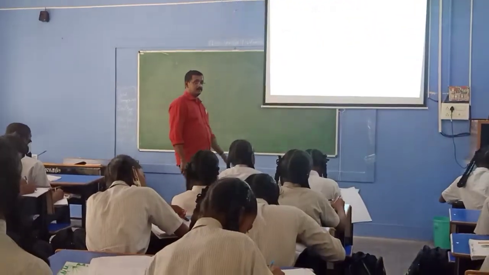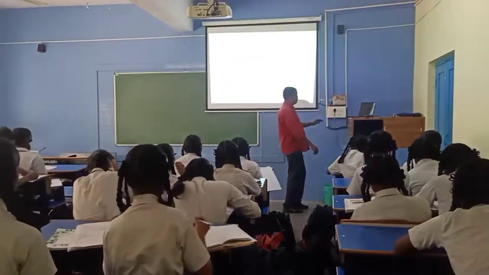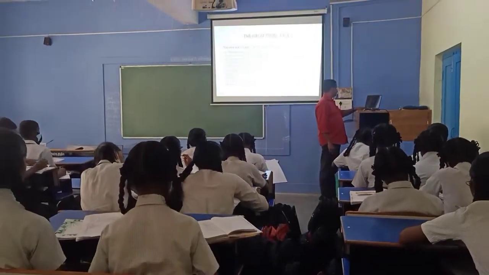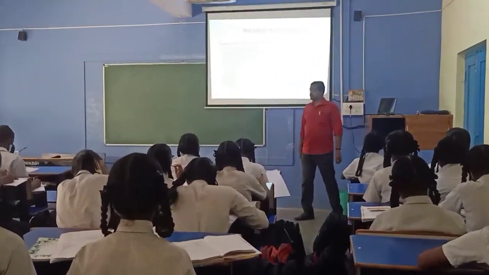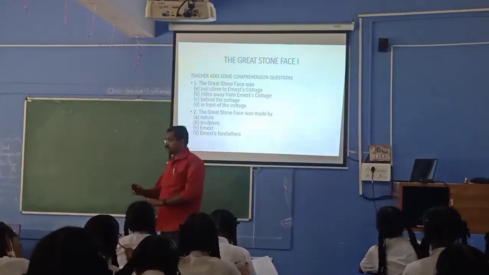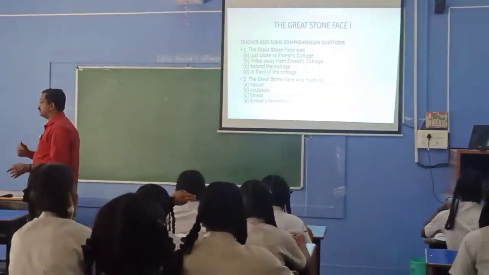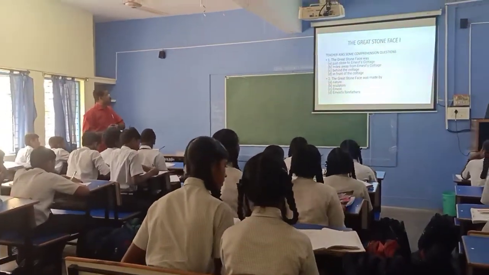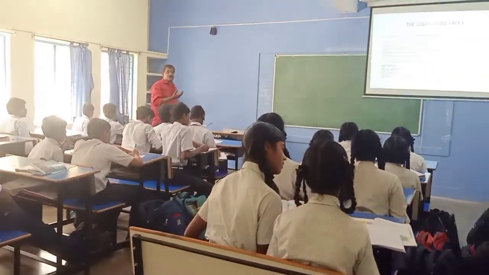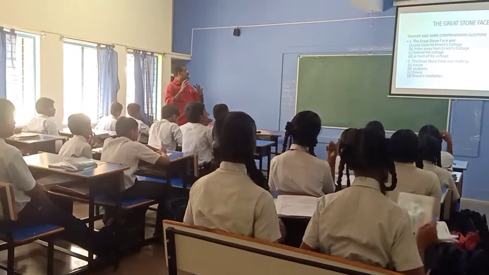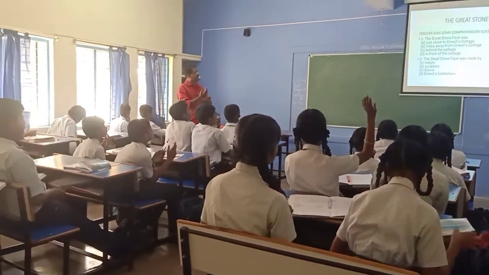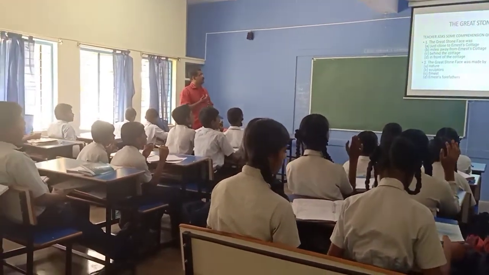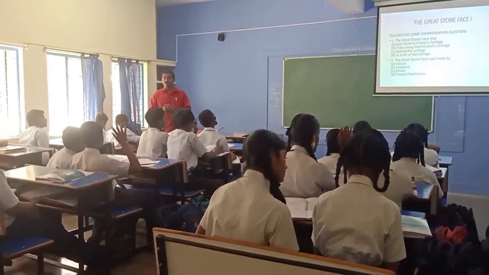Okay, have you completed? Yes. So, some questions. Do not say the answers together. I'll ask you individually. Look at the very first question. The grey stone face was... There are four options: just close to Anna's cottage, miles away from Anna's cottage, behind the cottage, in front of the cottage.